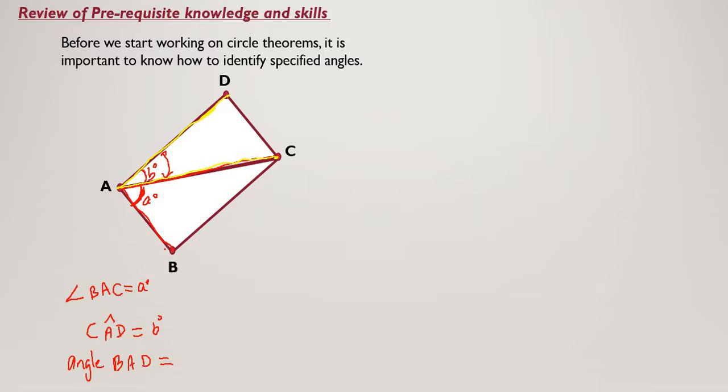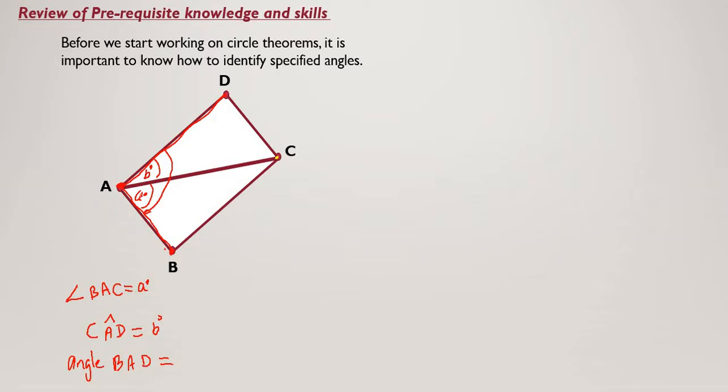Angle BAD is going from B to A, and then from the vertex A to the vertex D. So we're talking about this larger angle between line segment BA and line segment AD. I can say line segment AD or DA, we're talking about the same line segment.